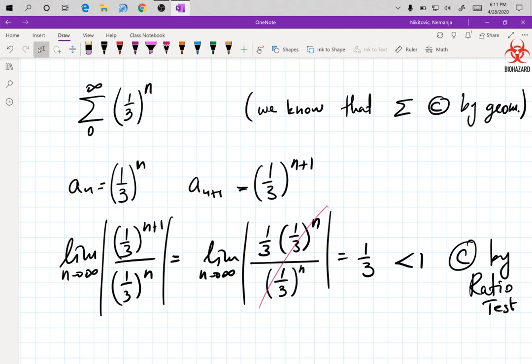So, technically, we don't need geometric series anymore. Yeah, we do, because the ratio test actually doesn't tell you what it converges to. Geometric series has that formula for S, if you remember: a divided by 1 minus r. You can calculate the sum using geometric series. Ratio cannot give you the sum.